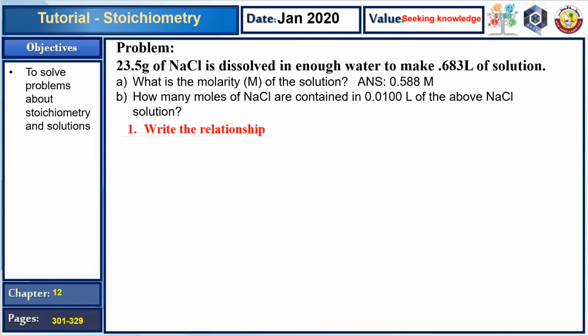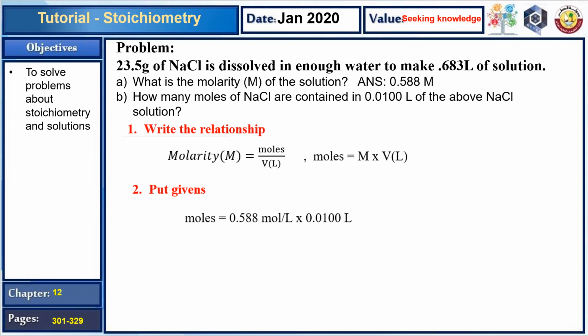We don't need to write the givens again here, because we have already written them in part A. Again, molarity is equal to moles per liter. We know molarity, we know the volume. Now we have to find moles, so we can rewrite the same equation as moles is equal to molarity times volume. Now second step, we put the givens.